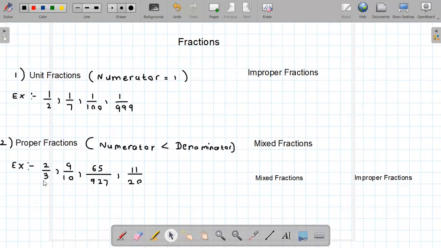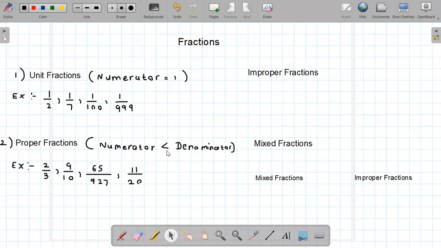So as you can see, 2 over 3 means numerator is 2, the denominator is 3, which means numerator is lower than the denominator, right? What about 9 over 10? It's also the same. Numerator is 9, denominator is 10. The denominator is higher than the numerator. What about this one? 65 over 927. 65 is less than 927, which means denominator is higher than the numerator, right?